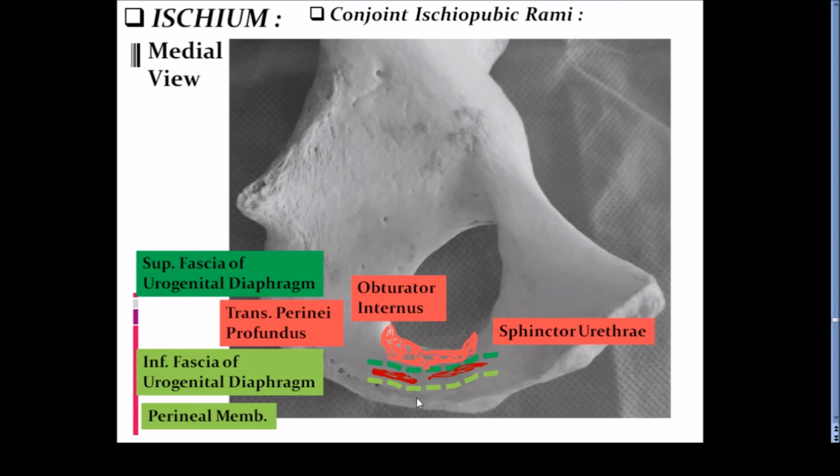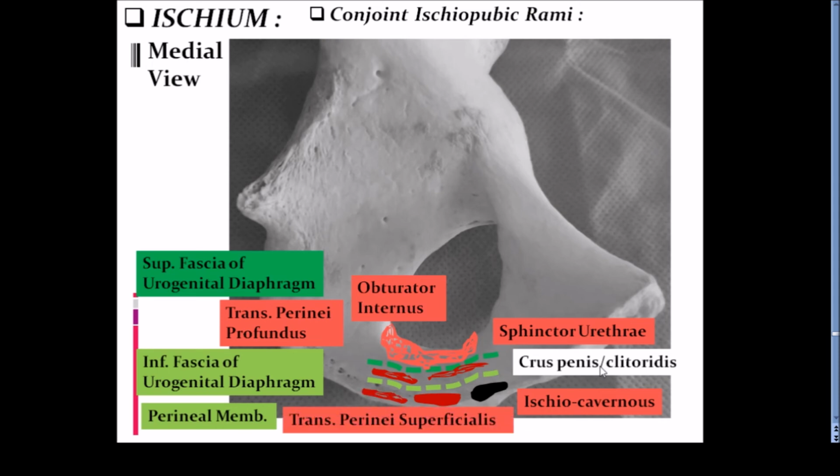The lower area gives attachment to three structures, anterior to posterior: anterior most, crus of penis or clitoris, behind it ischiocavernosus muscle, and behind it transverse perinei superficialis muscle. So these are the attachments on the inner surface of ischiopubic rami.